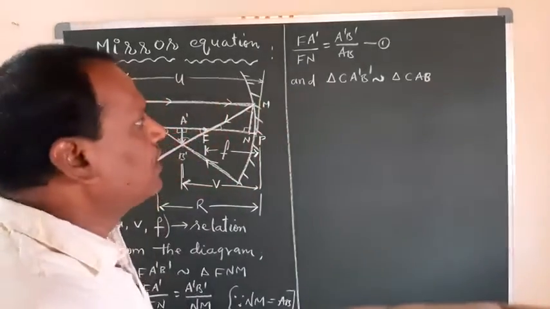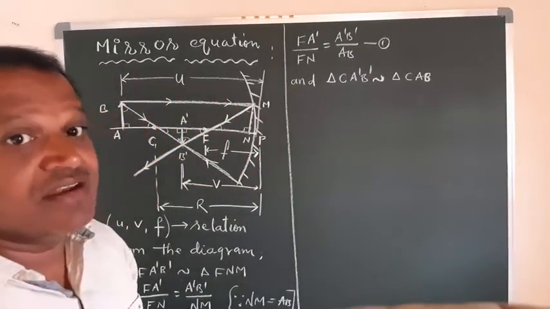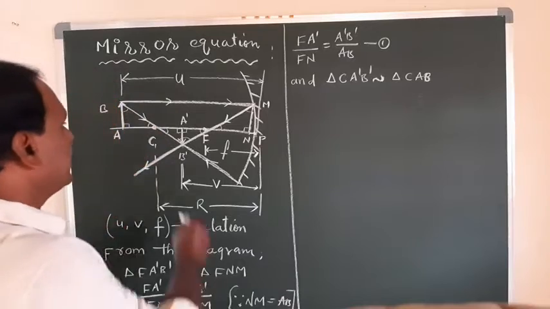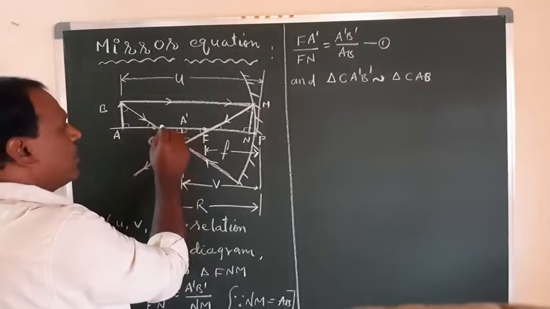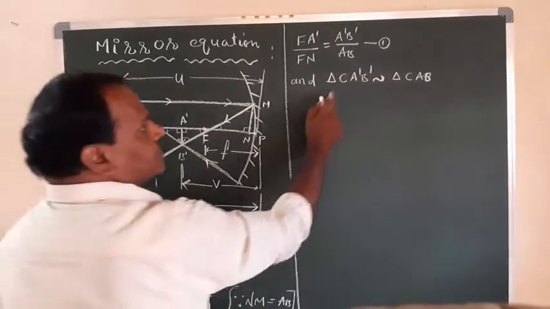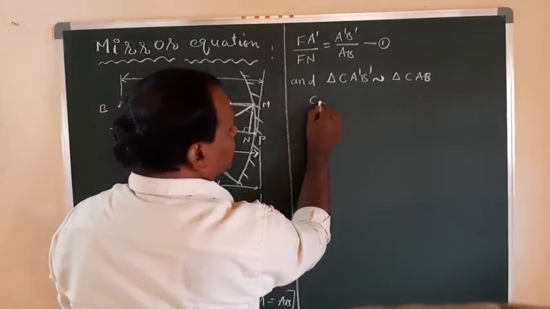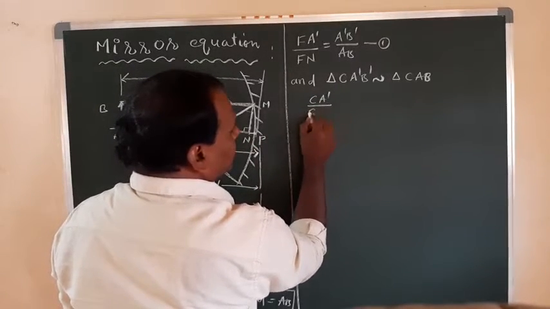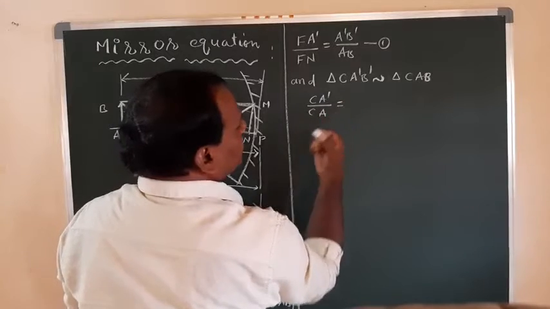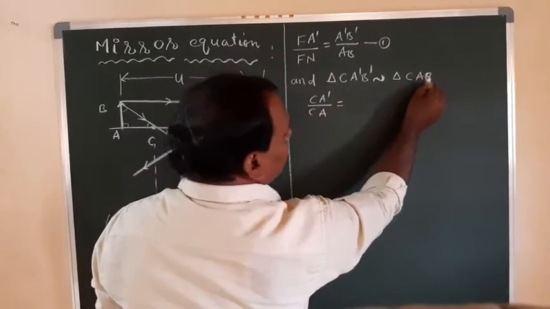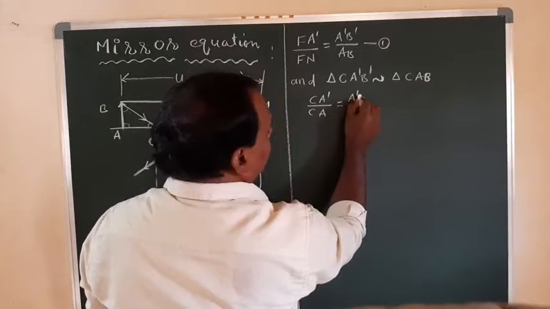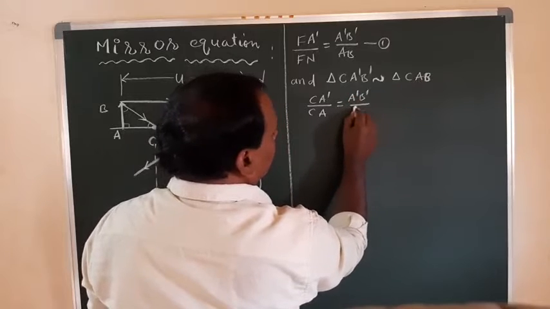CAB. Again, their sides are proportional once they are similar. So here, CA' upon CA is equal to A'B' upon AB.